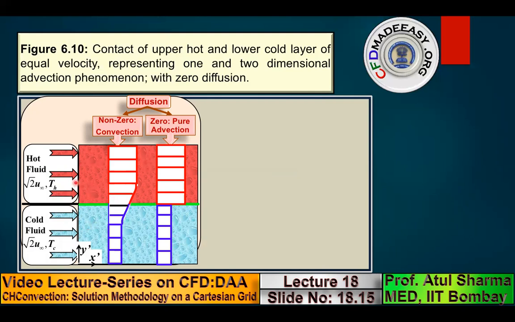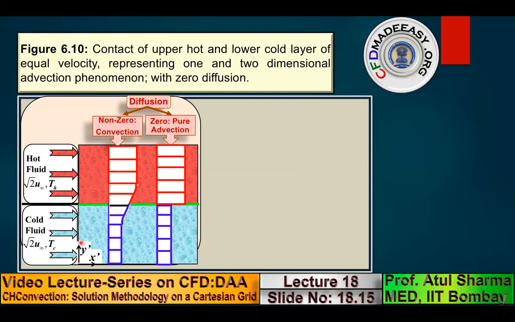The hot layer continues to have the larger temperature as it flows over the colder fluid, and you have a sharp temperature gradient at the point where these two layers meet. So here you can see a sharp change in temperature from the cold fluid to the hot fluid. This is a very severe test case for any numerical algorithm.